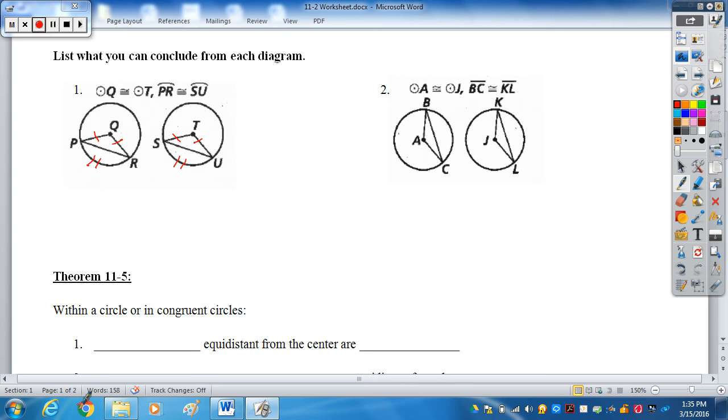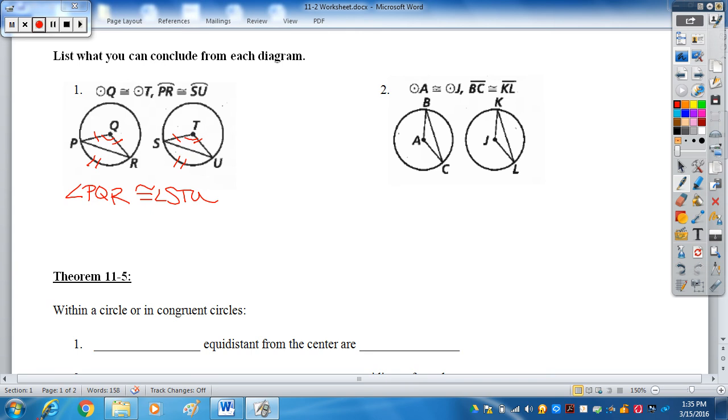Now, as a result, if I have congruent arcs, I know that I have congruent central angles, and so I can go ahead and mark angle PQR is congruent to angle STU. Okay, so those two are congruent.